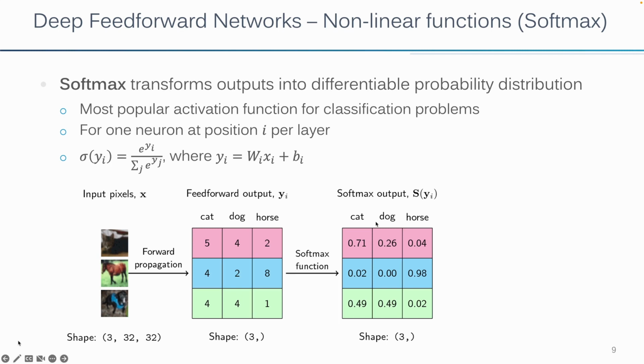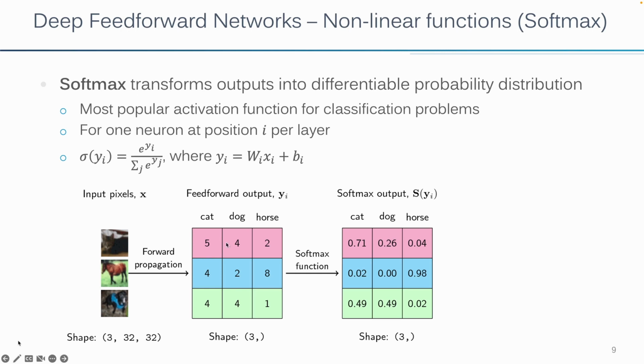So you're probably asking, hey, Jan, why don't we just take the max? And you can do that. The max would also give you the highest value here in all cases. But softmax does two things, as we'll see later in gradient descent. First, it makes it differentiable. You can also differentiate max, but only through one neuron.